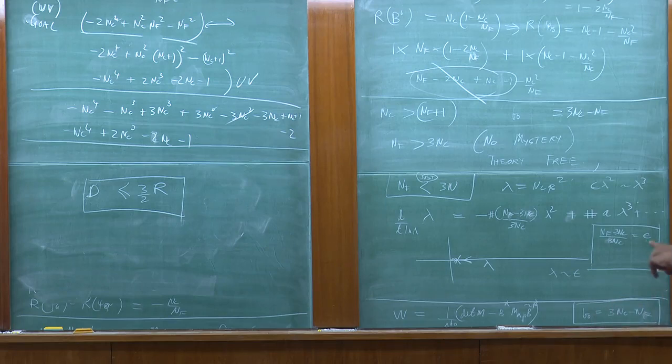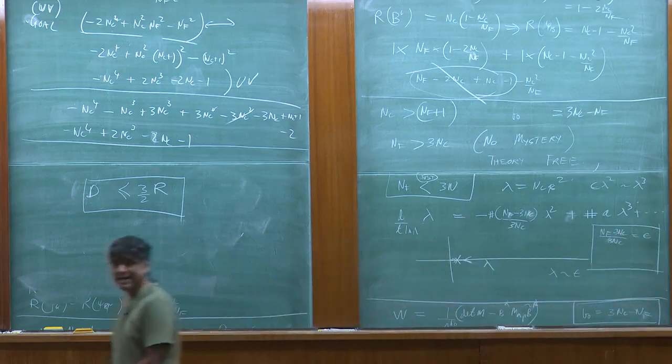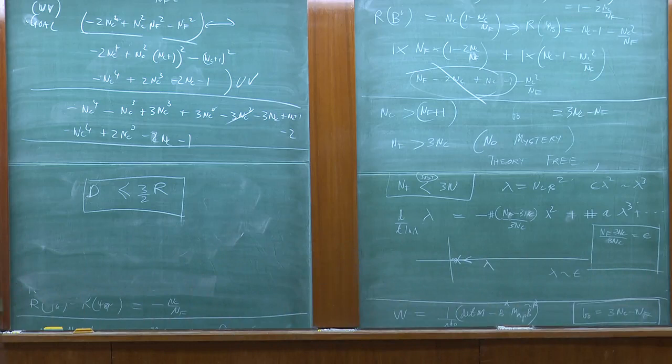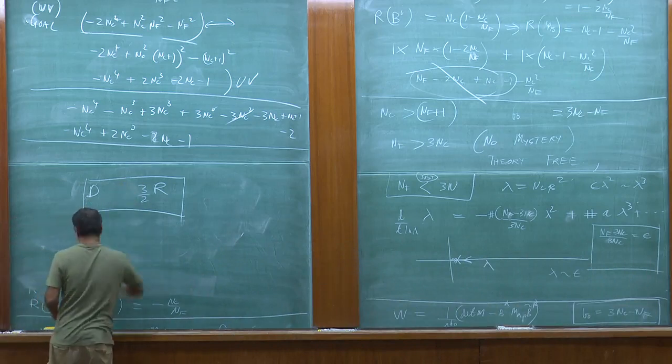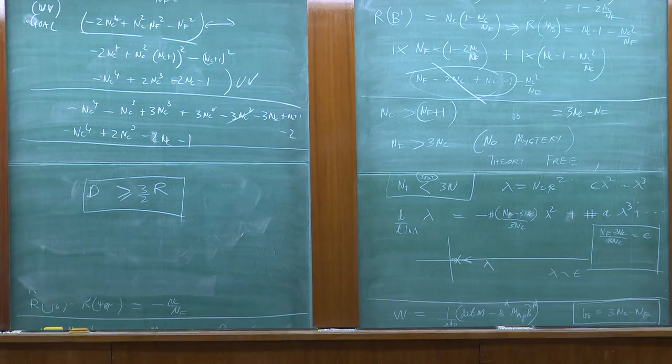Okay? With that normalization, D is greater than or equal to 3 by 2 R. The scaling dimension of any scalar operator in the theory has to be greater than or equal to 3 by 2 times its R charge.